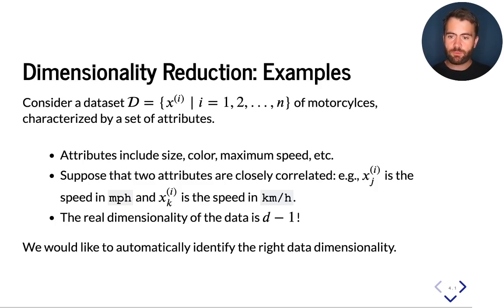Some of the reasons why we might want to do this is because the smaller set of features is going to be easier to think about, it's going to be computationally more tractable, it will be easier to visualize, and it can also be used as input to other algorithms, and this includes both unsupervised algorithms and also supervised classification algorithms, which might work better if the data has been transformed into a more useful space.